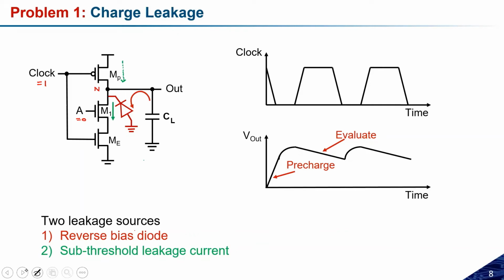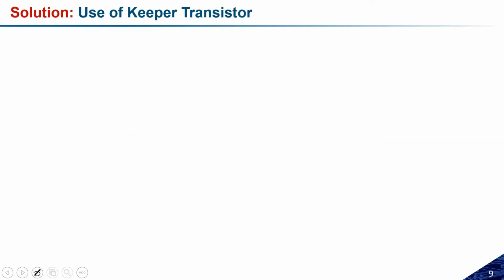Okay, so what is the solution to this problem? To overcome that problem, because we have already studied the level restorer in the pass transistor logic, the same kind of concept we can use here as well. So to overcome that problem, we need to use the keeper transistor.